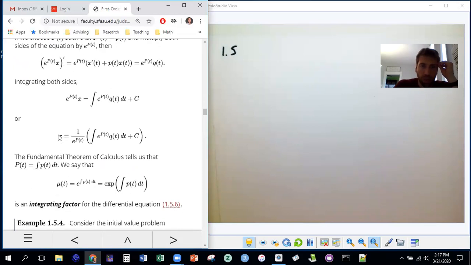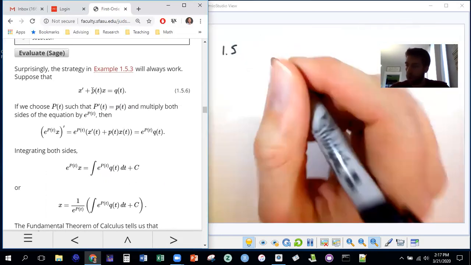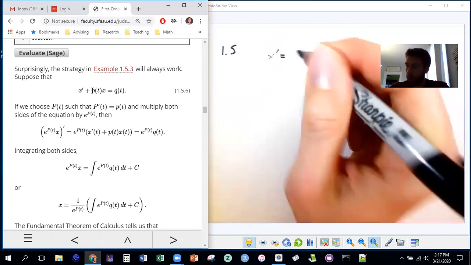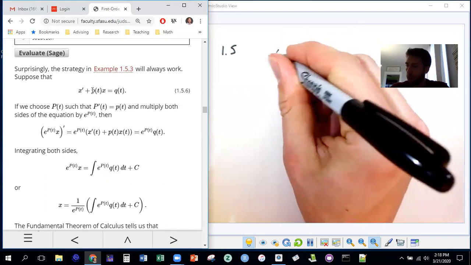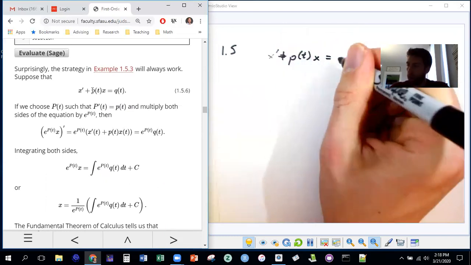I'm going to jump to this right here. So this is where they do it in general. Okay, so in general, you have your x prime plus p of t times x equals q of t.